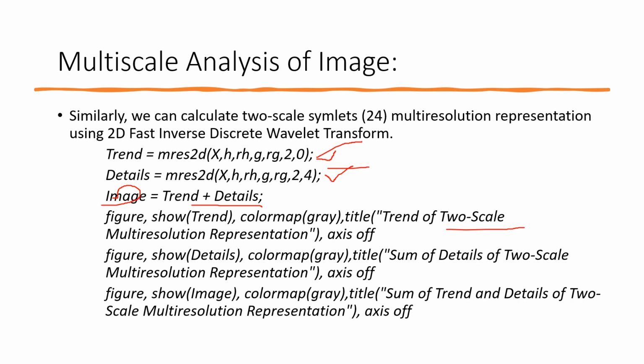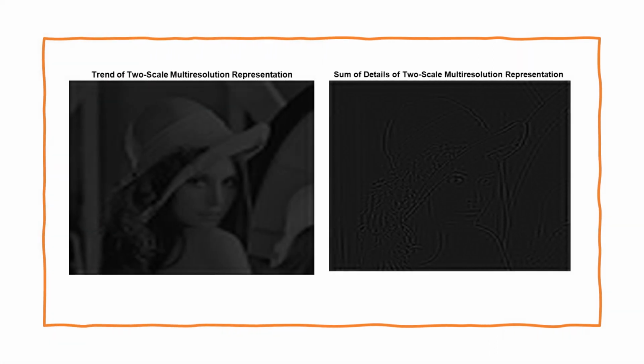I'm going to show it with diagrams. So as you can see here, this is the trend of the two scale multi-resolution representation, and this is the sum of details. As mentioned above, if we sum all the detail matrices, we are going to get edges. As you can see here, we got the edges.